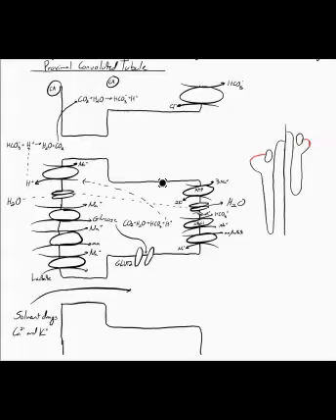And so water will also follow sodium osmotically through these aquaporins that we have here, and that's how water will be reabsorbed. And then also you have your hydrogen, which is pumped out as it is removed from CO2 and H2O as they combine to make bicarbonate and hydrogen.